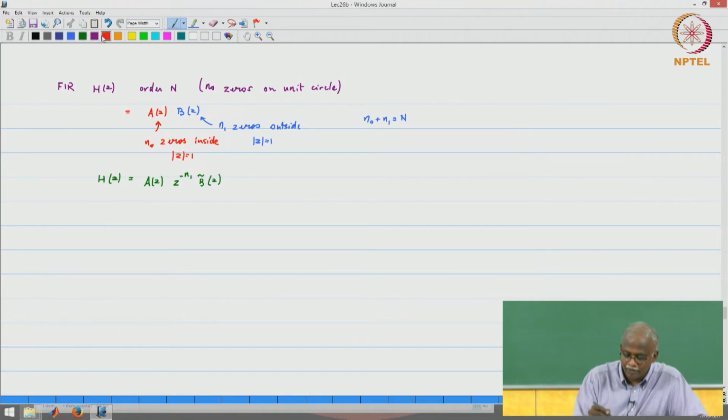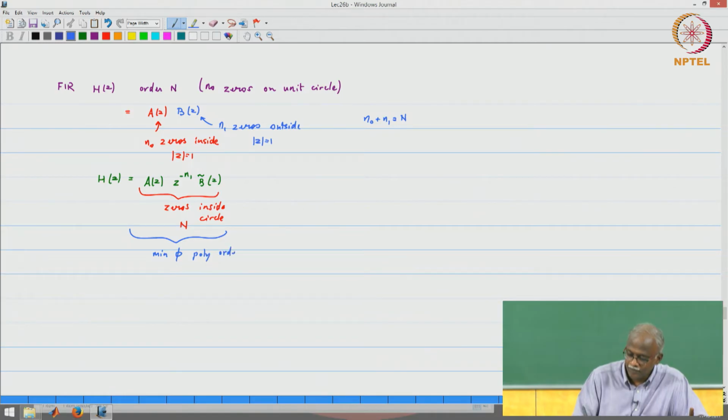So this whole setup has zeros inside the unit circle. How many zeros? N. You have n zeros inside the unit circle. So this is a minimum phase polynomial of order n.